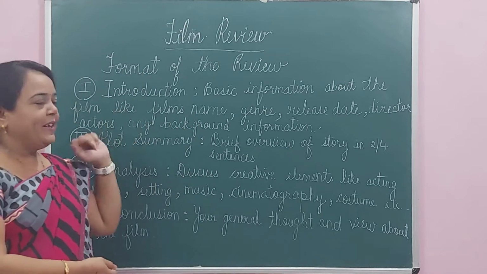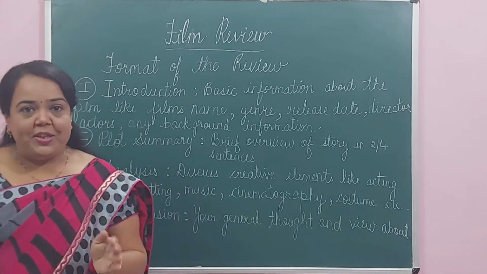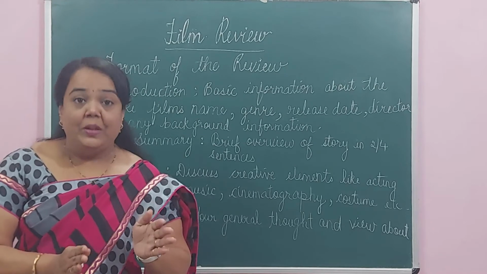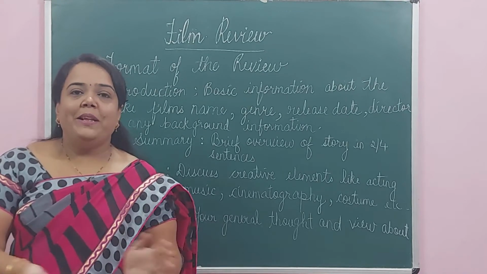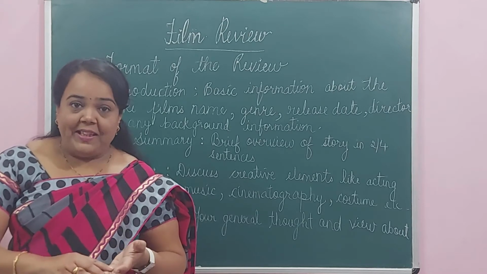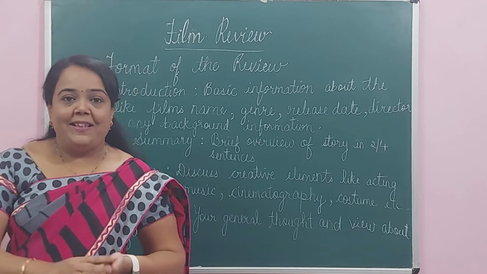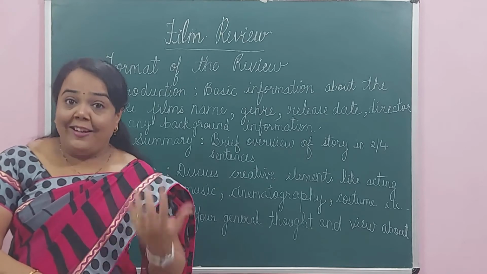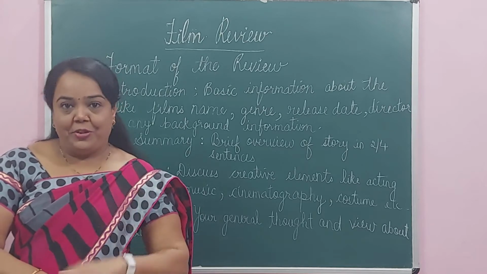So if there is something about the movie which has to be mentioned, you can mention it in the first paragraph. You have to mention the name of the movie, release date, director, genre also. As I told, there are so many movies, some are science fiction, some are comedy, some are romantic comedy, some are historical, some are horror movies, thriller. So you should mention the genre.